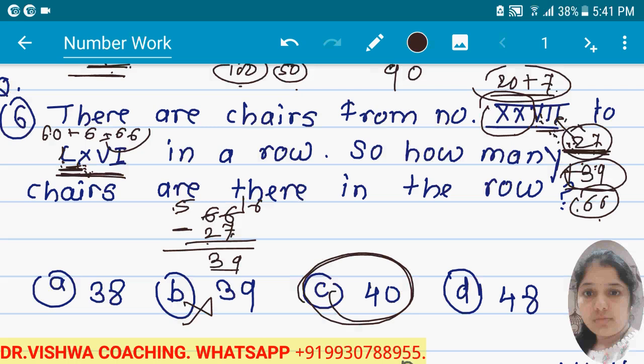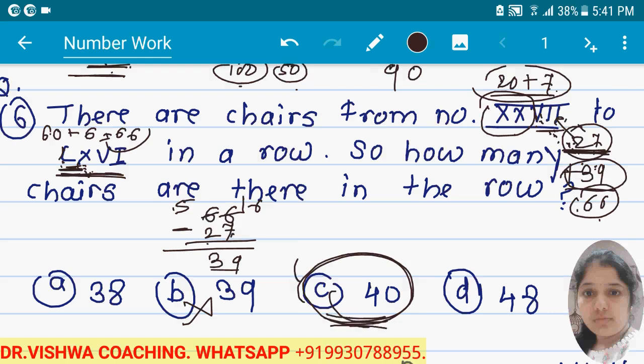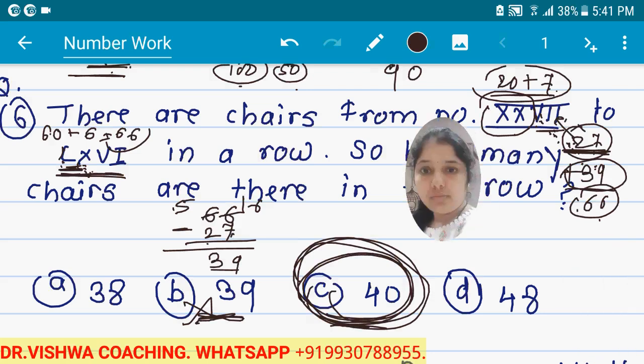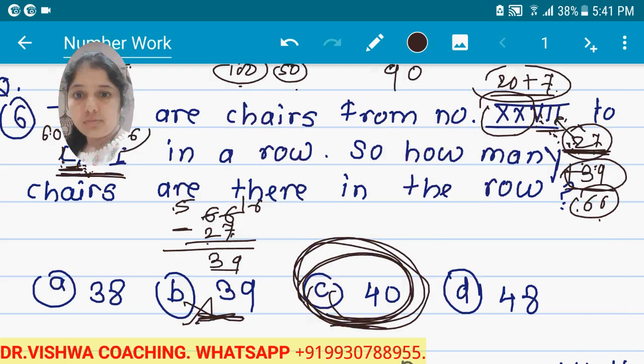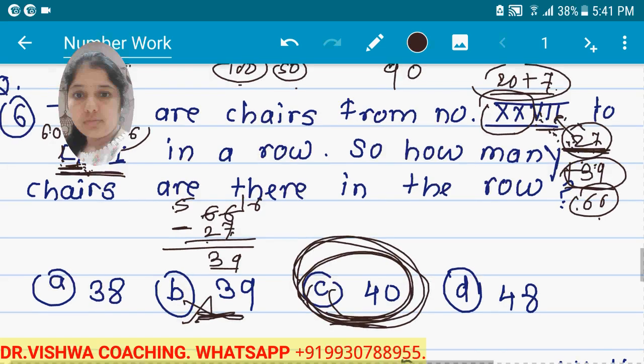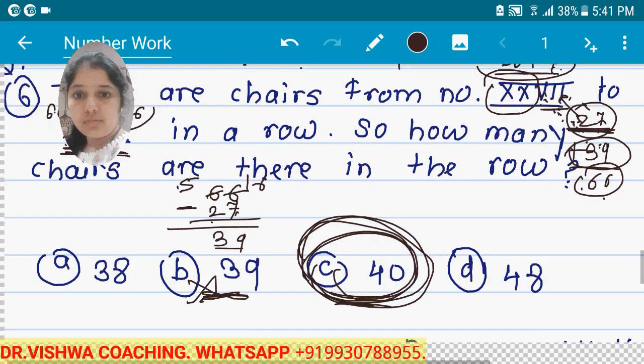Okay. So 27 also we have to count in the counting. So the total number of chairs is 40 here, not 39. Okay. So I have chosen the questions where children can make the most mistakes or cannot understand the question properly.